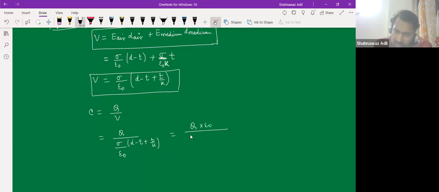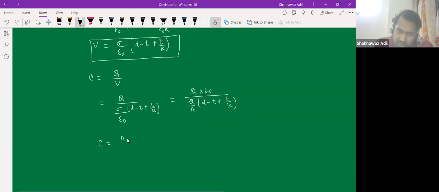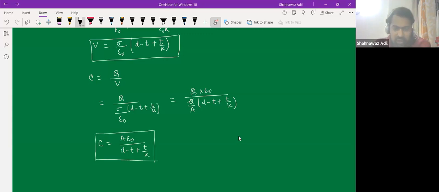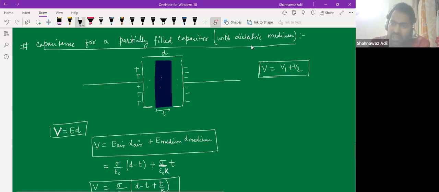This Q and Q will cancel, and A will go upstairs. So capacitance would be A epsilon naught by D minus T plus T by K. So this is the capacitance when the capacitor is partially filled with dielectric medium.